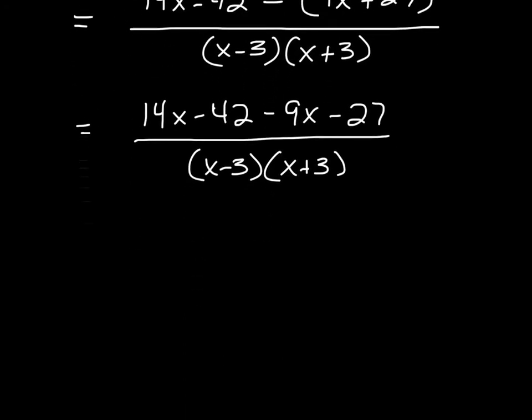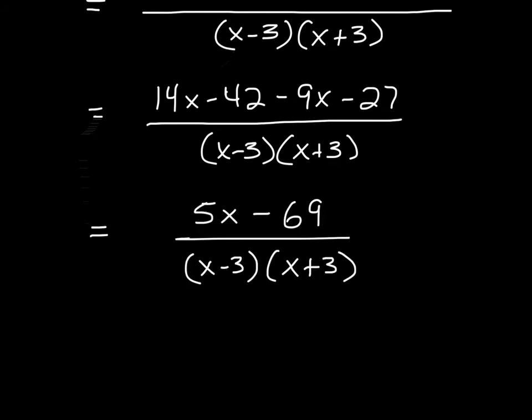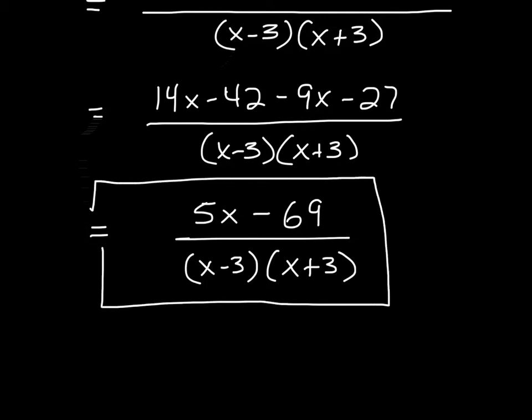Now combine like terms up there. And this is what we get when we combine the like terms in the numerator. And the last step would be to see if we can factor that numerator and cancel any common factors between it and the denominator. But the numerator cannot be factored, and so we're going to leave it in this form.